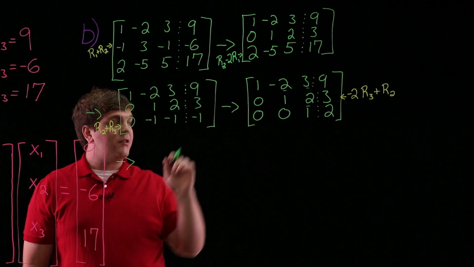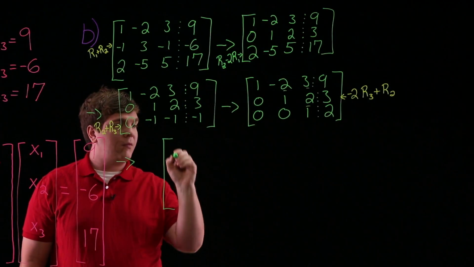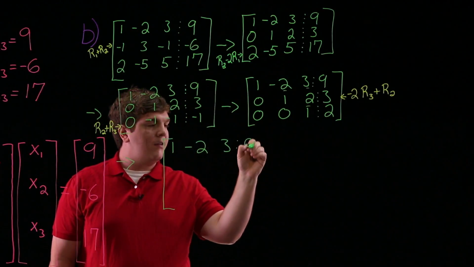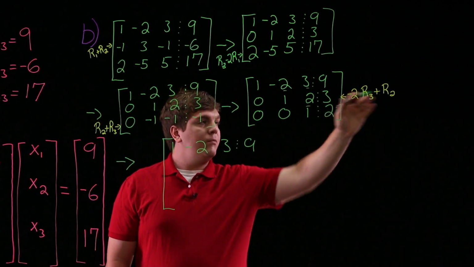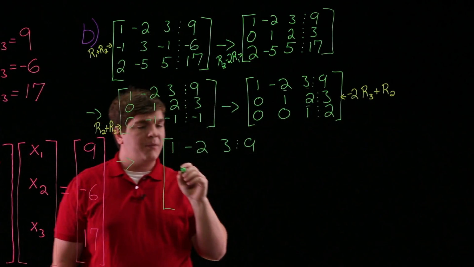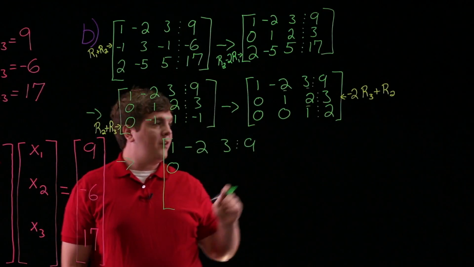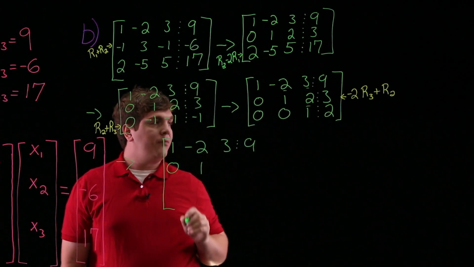What we have is our first row remains exactly the same, 1, negative 2, 3, 9. Negative 2 times 0 plus 0 is 0. Negative 2 times 0 plus 1 is 1.